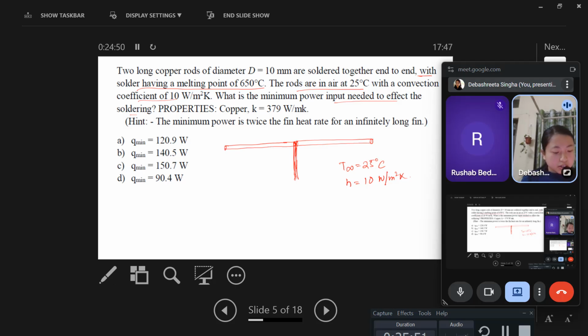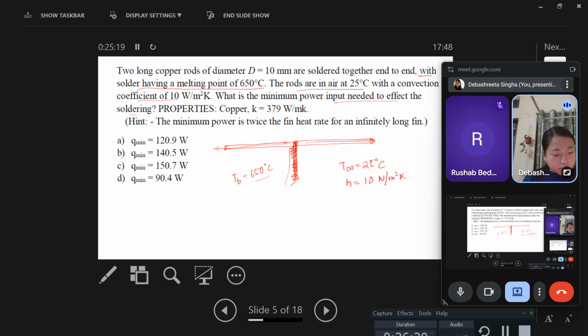Here the first thing is we can consider this system as a base fin system. If the soldering is the base, then these two rods can be considered as fins. Then the base temperature is given to be 650 degrees Celsius, with this convection coefficient.